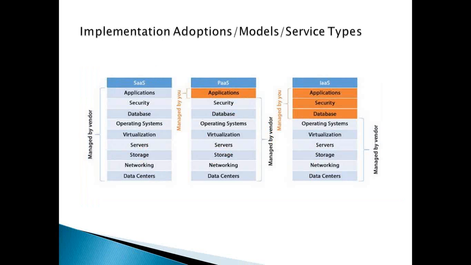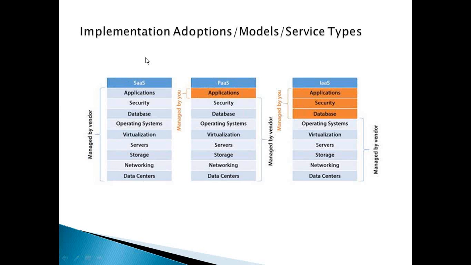So for implementation, these are the different adoption models or service types we have. First one is SaaS, second one is PaaS, third one is IaaS. In case of SaaS, we'll have all of these as a part of the package which we take: applications, security, database, operating system, virtualization, server, storage, network, data center. These all will be taken care of by the vendor only, in our case Oracle.